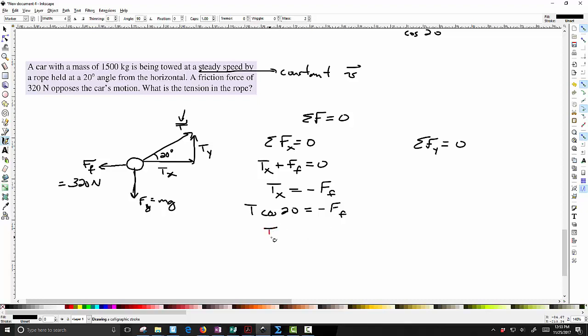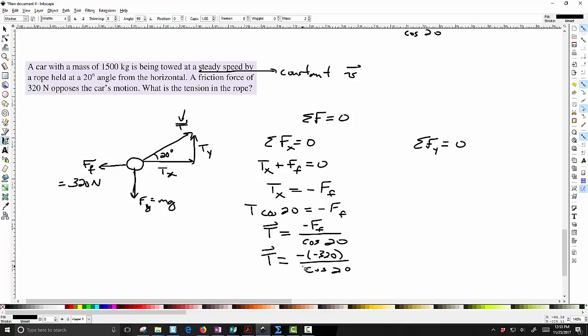So the tension is going to be the force of friction divided by cosine 20. And so we're done. We would just calculate that. The force of friction is 320, but it's to the left, so it's negative. So I got negative 320, that's where my positive comes from, divided by cosine 20. And you just plug that in a calculator. That would tell you your tension force.